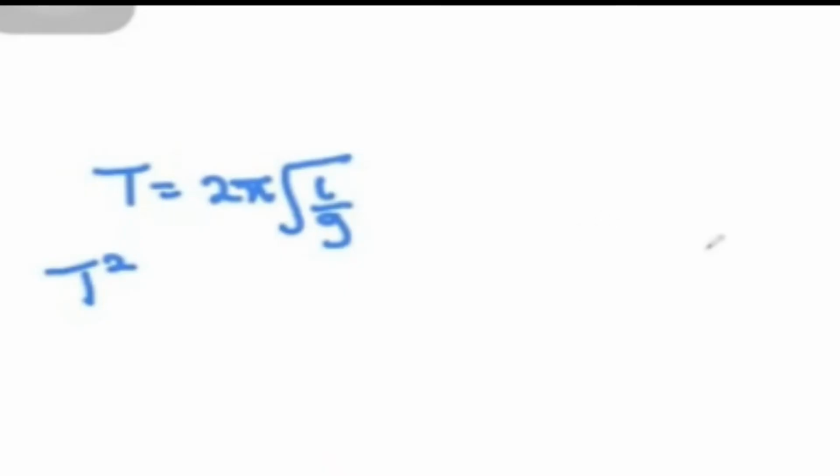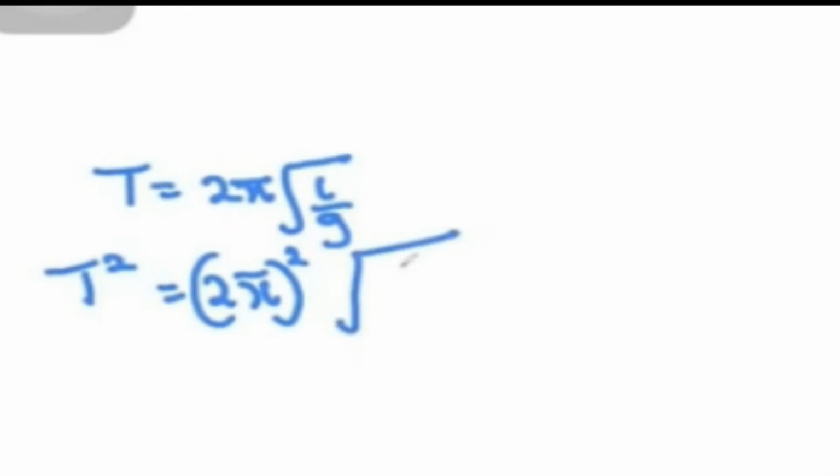Okay, so this is going to give us t squared is equal to (2π) all squared times the square root of L over g, also all squared. So the square and the square root sign cancel out.